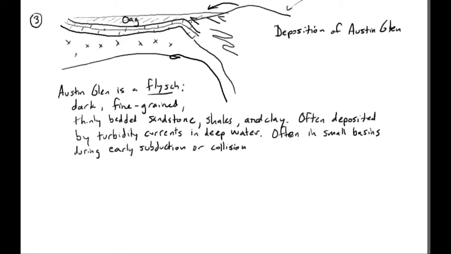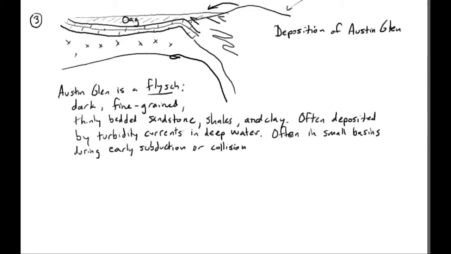So the flysch was originally described in the European Alps, and then subsequently it's become recognized that these are found worldwide, and they're often associated with these kinds of basins right at the beginning of a collision, in fairly deep water.